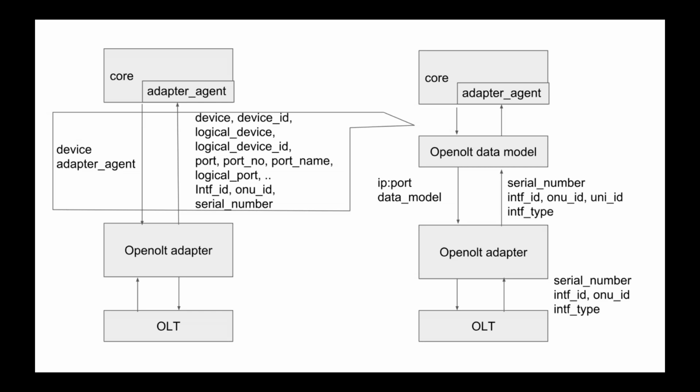Is there a gap? Does it need to be identified? Or is this really just a simplification that's only going to be used by OpenOLT? We already highlighted in the discussion earlier that the adapters today have some level of interaction back and forth with the core, which had no performance issues when everything was one process, but we're seeing performance issues when we break it up into multiple processes.